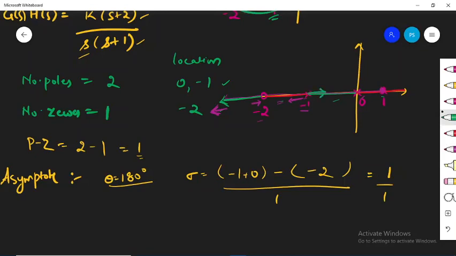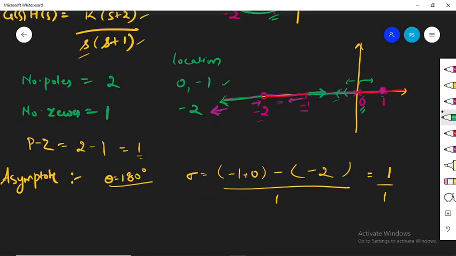Similarly, you have got a pole at s is equal to 0. This pole cannot move towards the right side either, so the only option it has is to move towards the left hand side. So this minus 1 will be moving towards the left and this one will be moving towards the right.